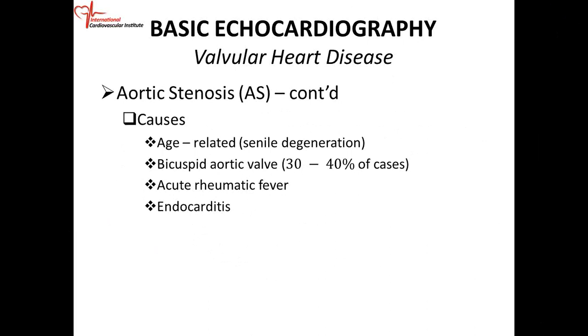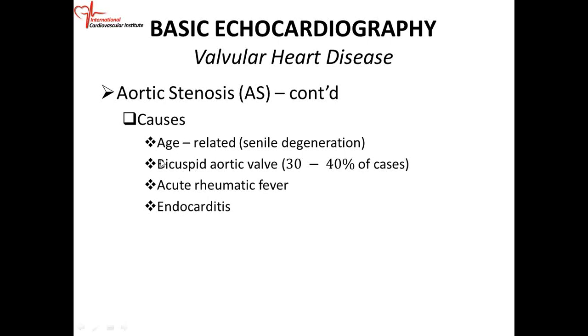Because if you open a 90-year-old patient's chest, the mere fact that you open the chest, their mortality rate is going to be like 50%. Okay? So they usually don't survive the surgery. But if you do it through the groin, they do very well. So we are commonly doing TAVR for these 90-year-old patients who present with aortic stenosis.